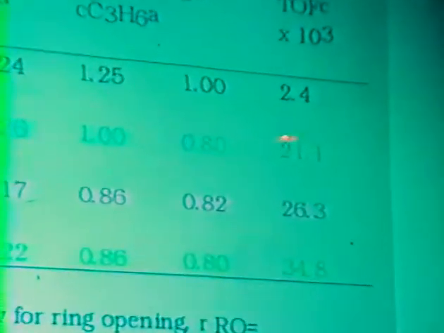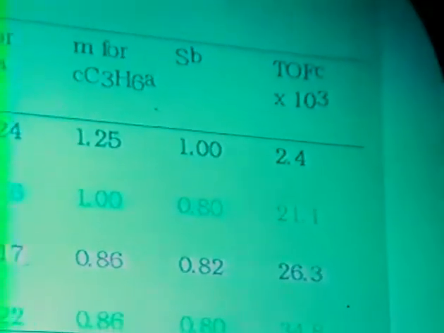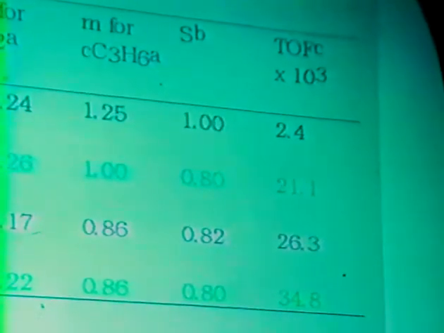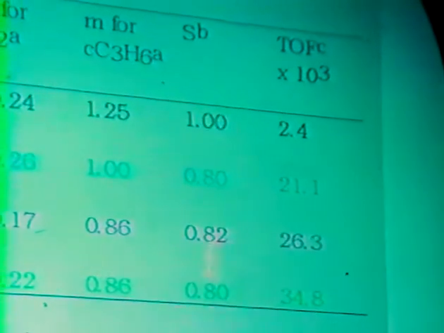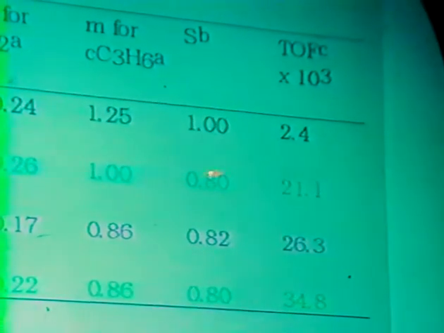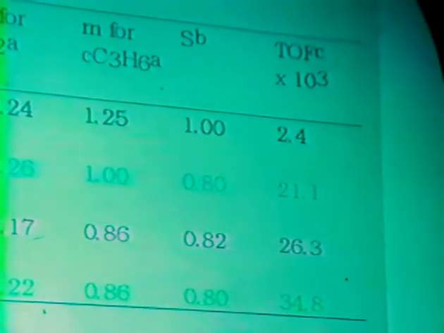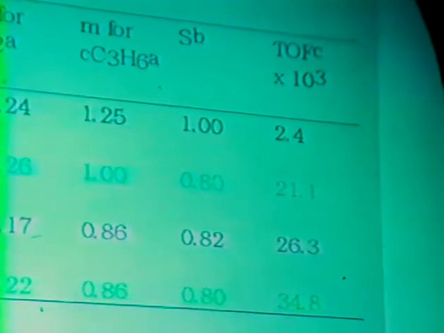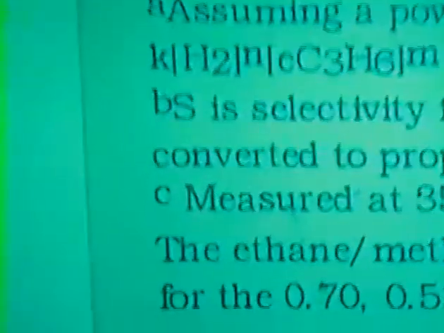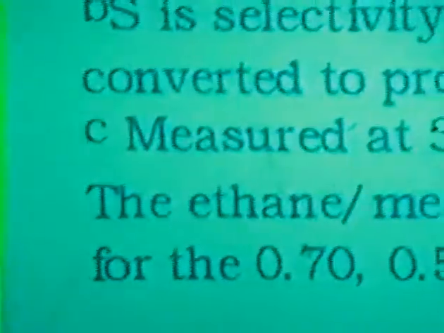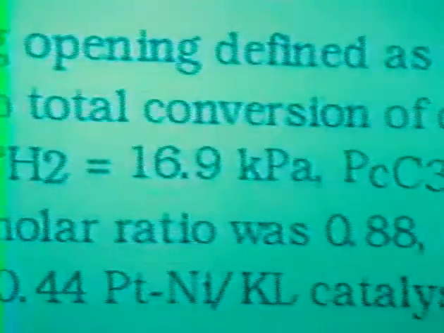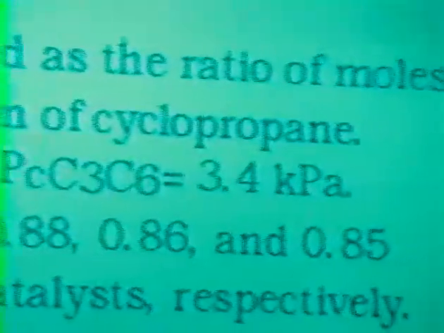we add the nickel, and then creeps up as we add more nickel, so that we end up having catalysts that have platinum-like selectivity, essentially very selective for ring opening to propane, but they have nickel-like activity. Nickel is a much more active catalyst for these reactions than is platinum. And the point is that there's no evidence for nickel-only behavior.